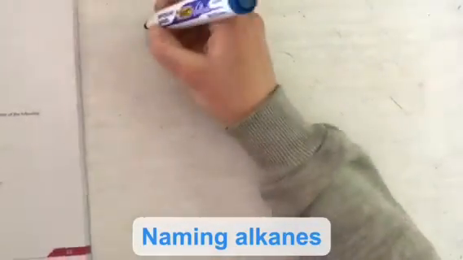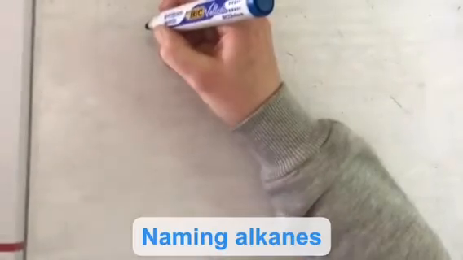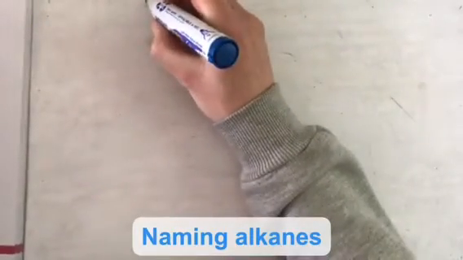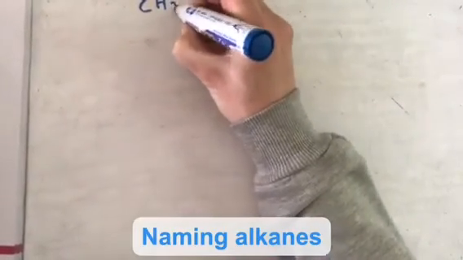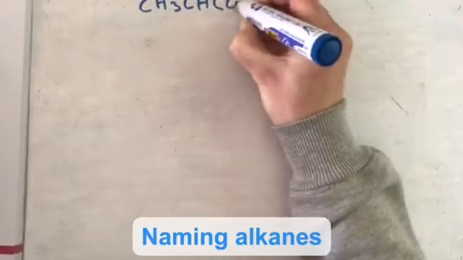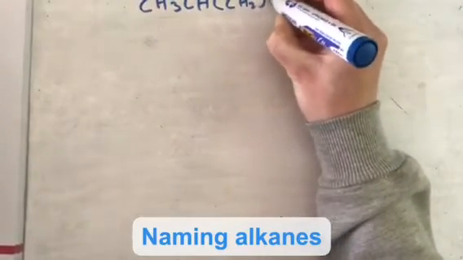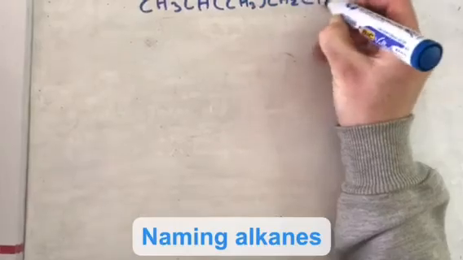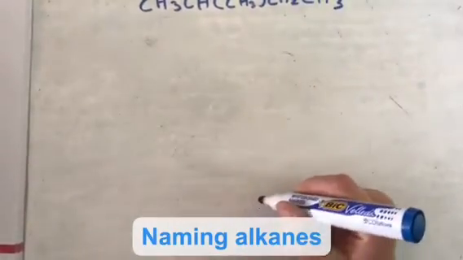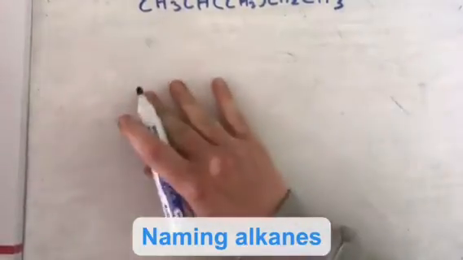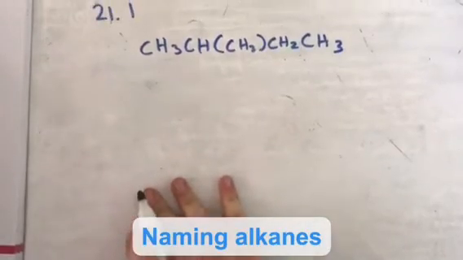Okay, so 21.1. The molecule that it's giving me is CH3, CH, CH3 in brackets, CH2 and CH3. Okay, so first of all, let's draw this out. All right, so hopefully you can see that there.